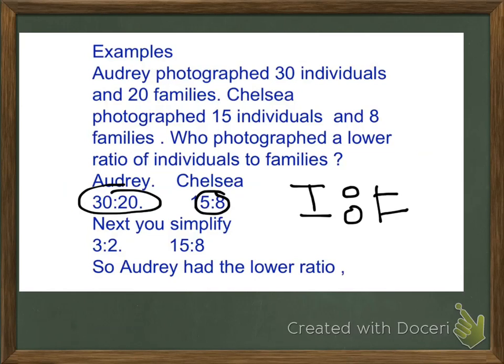Ratios are like fractions, so you have to simplify to get the lower ratio. Divide by 10 and divide by 10, and you will get 3 to 2. But for Chelsea over here, it's already simplified, 15 to 8. So as shown, Audrey has the lower ratio.